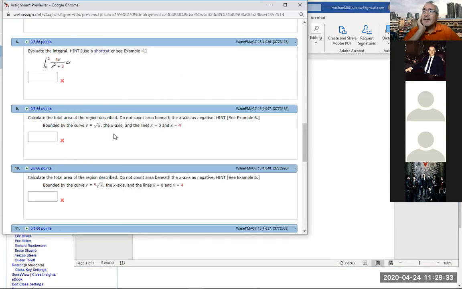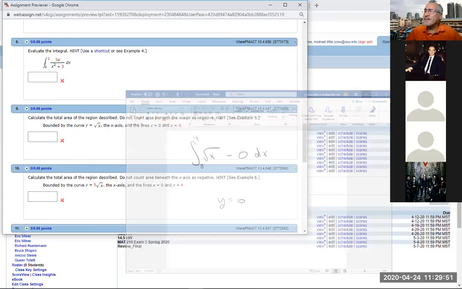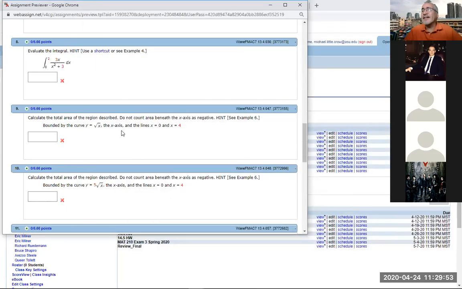So it seems like we might be doing something wrong, but we're not. It's really just integrate square root of x from 0 to 4. You're right though, it's kind of saying you must be doing something wrong. Why is it phrased this way? Good.